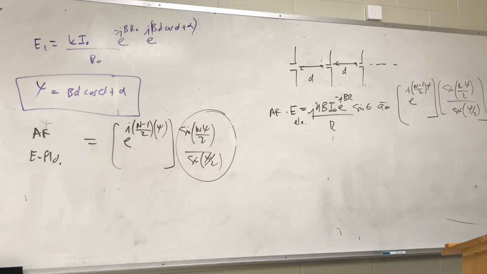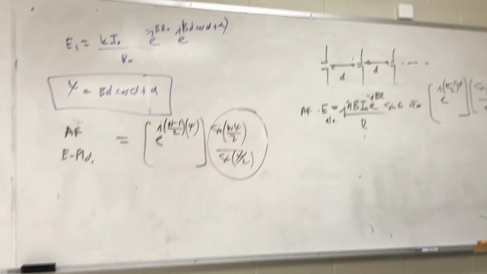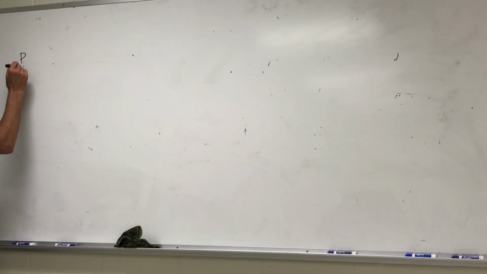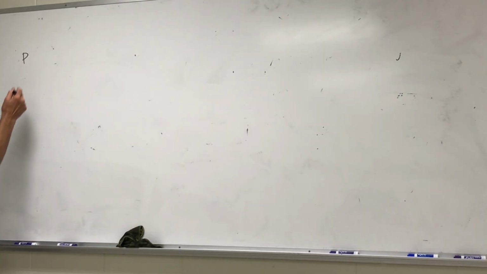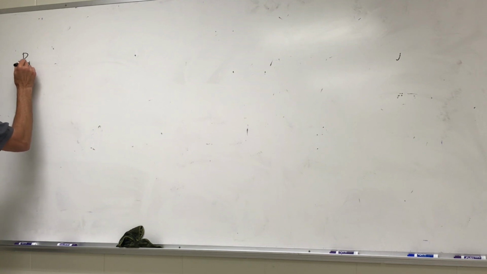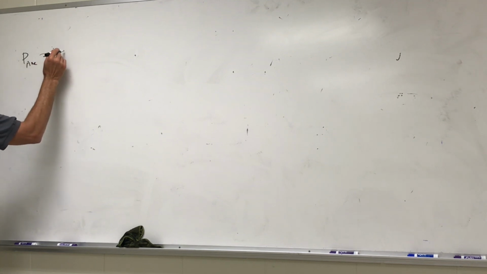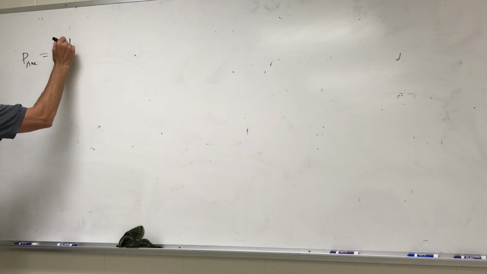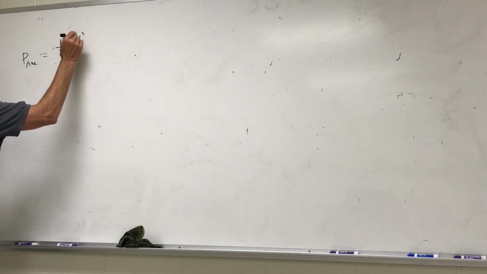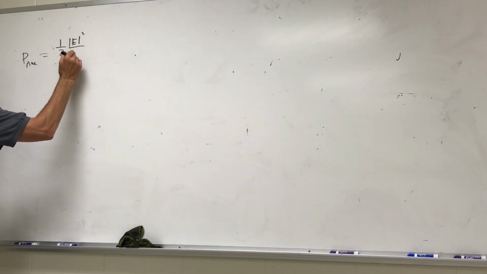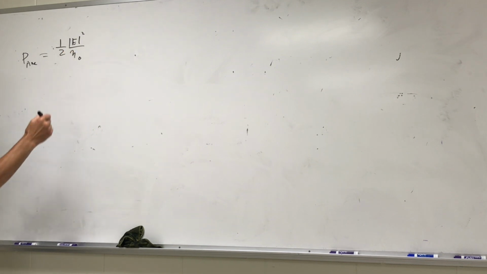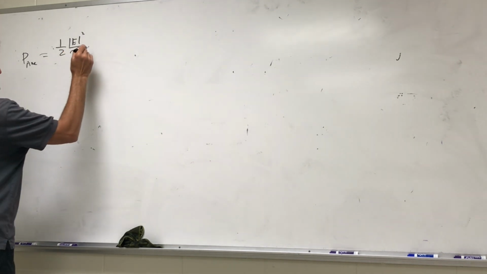So if I'm looking at the average power density, I know it's equal to 1/2 the magnitude of the E field squared over eta naught, if it's in the far field, and it would be in the a r direction.